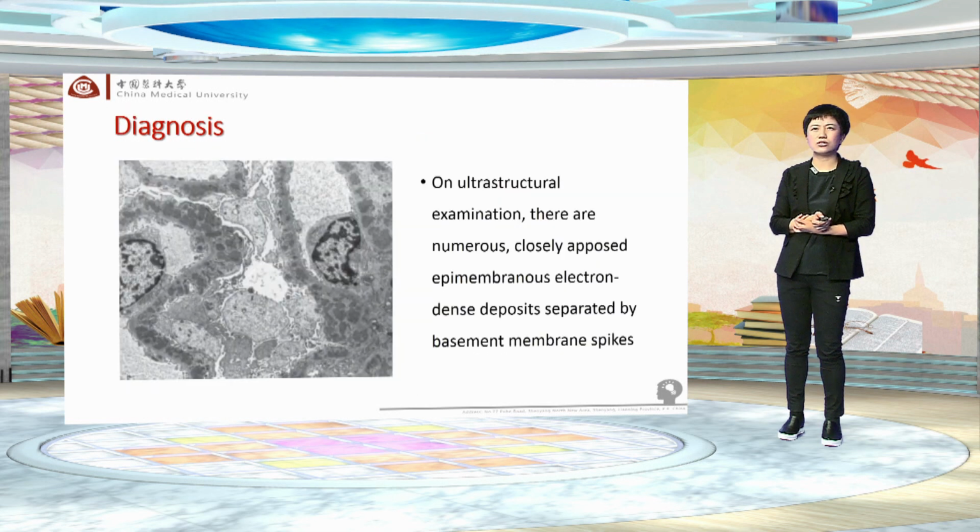On ultrastructural examination, there are numerous closely opposed epimembranous electron dense deposits separated by basement membrane spikes.